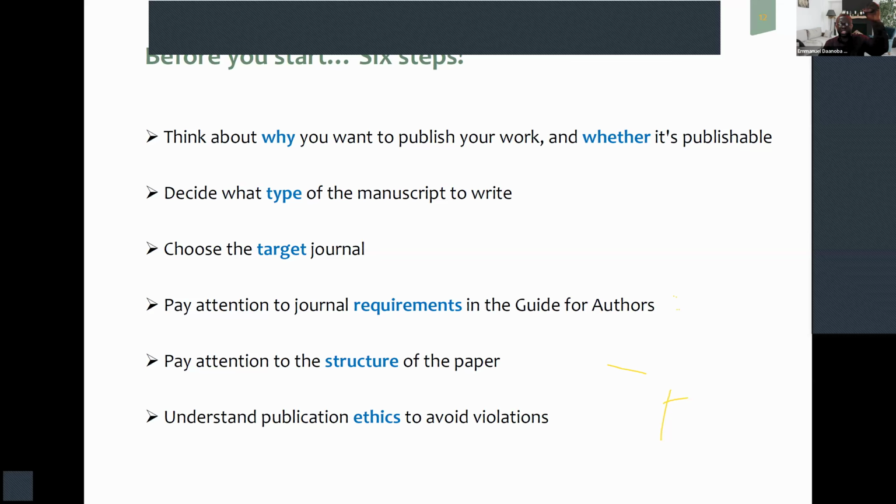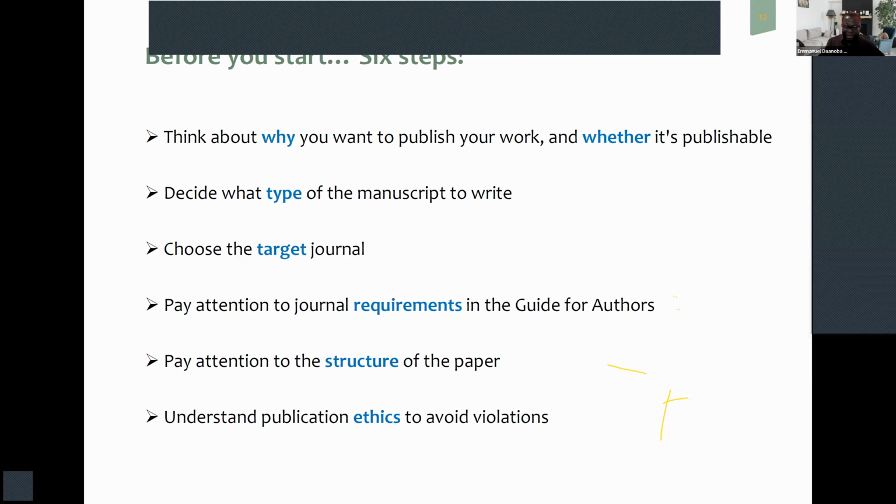Now also pay attention to the structure of the paper. All right? How the paper should be structured. Introduction, study area, geological settings. Then maybe you have materials and methods, results and discussion, conclusion. Don't jumble them or mix them. And under each of them, you can have subunits or sections.